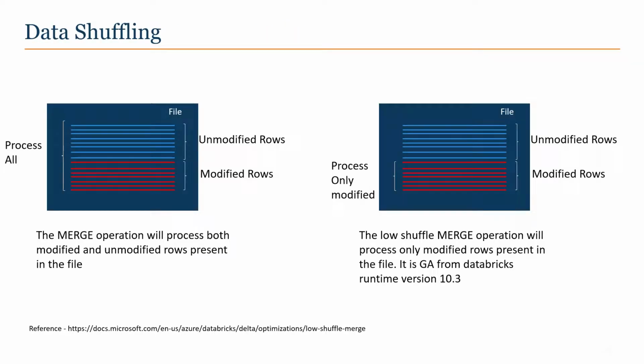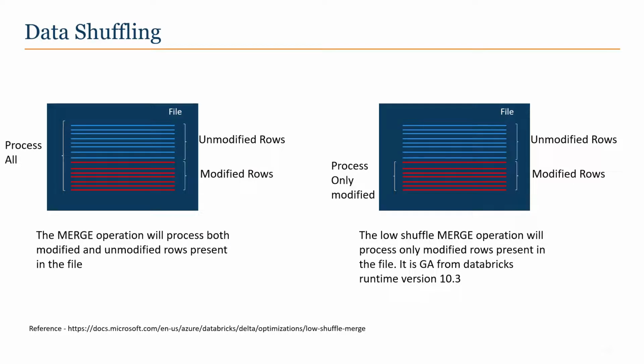Data shuffling. In Databricks, in a Delta table, when data manipulation operations happen, since the data is stored inside a file, the file can have modified and unmodified rows. In the normal behavior, when you do a merge operation where, when matched, we update, and when not matched, we insert, it goes to a file, and even if certain files are modified and certain are not, it will still process the entire file.